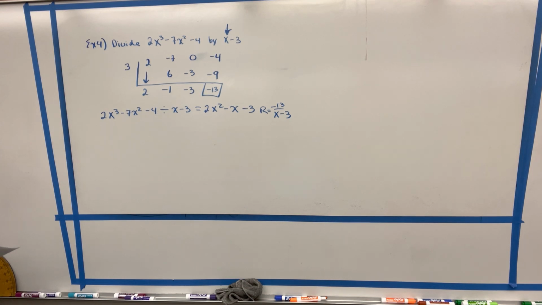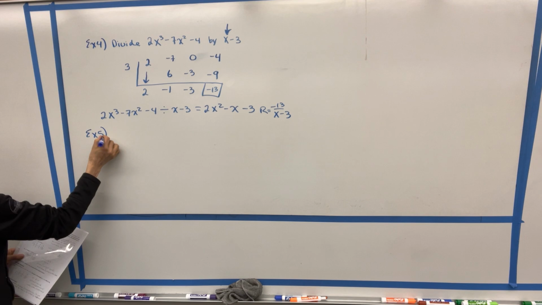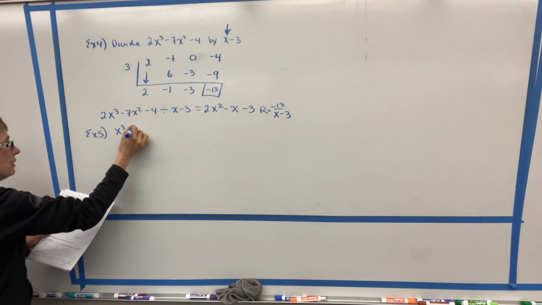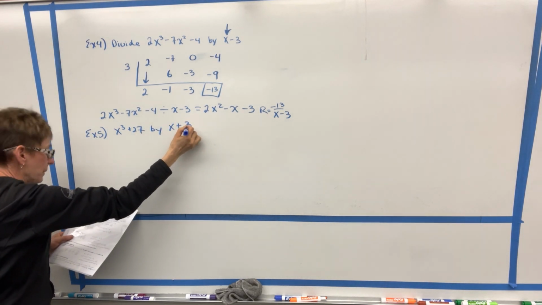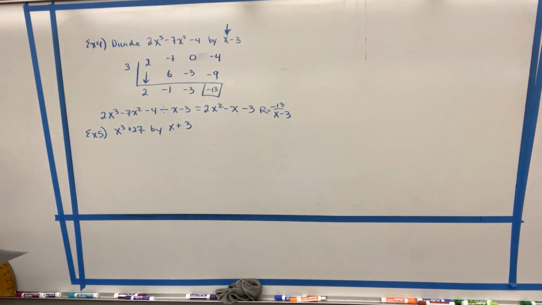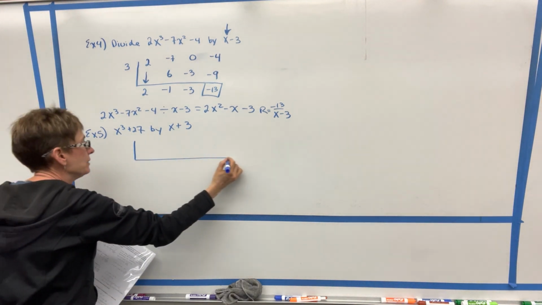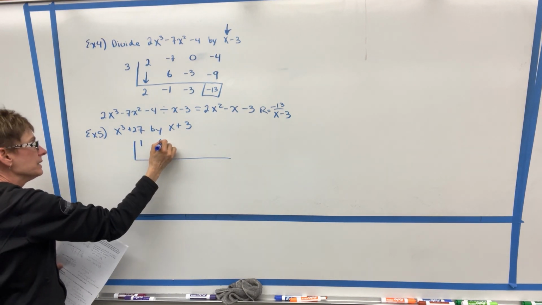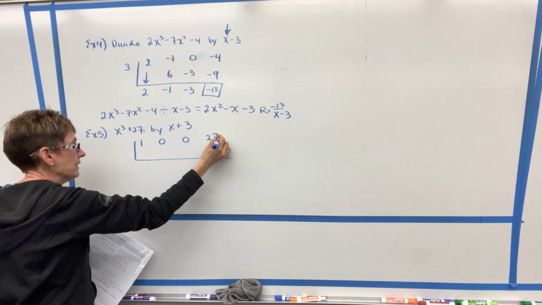Okay, let's go ahead and do another example, example number 5. In this case, I want to divide x cubed plus 27 by x plus 3. Now, just like we did with the other example, I do need placeholders. So I have 1x cubed, 0x squared, 0x, and 27.